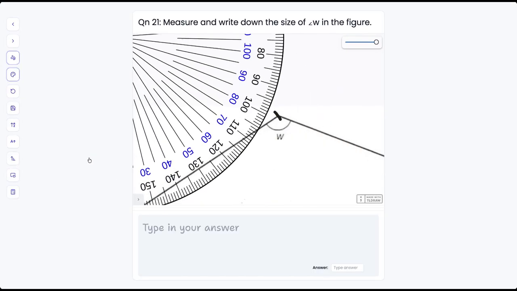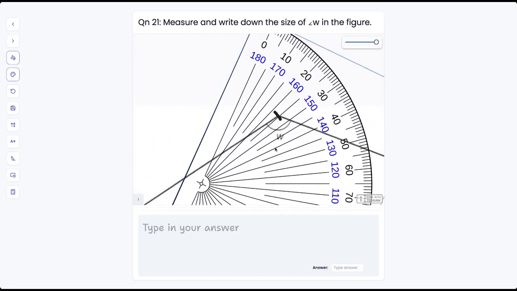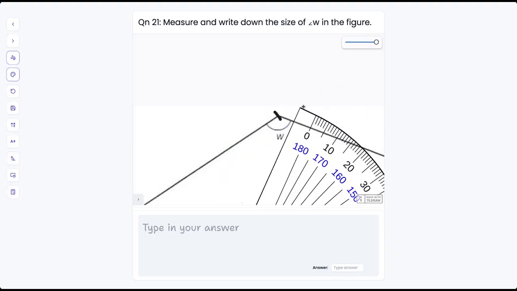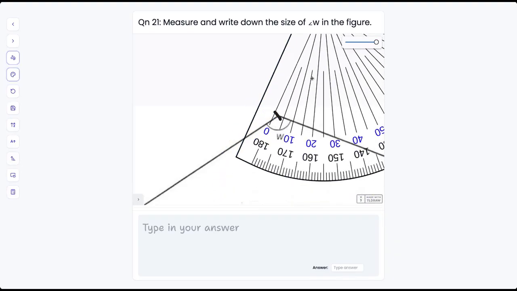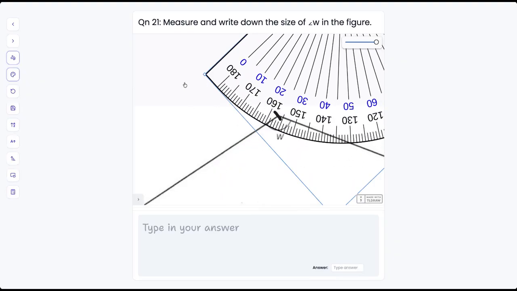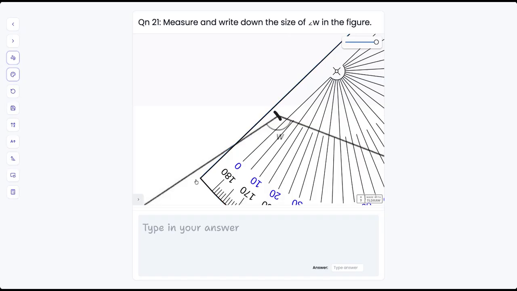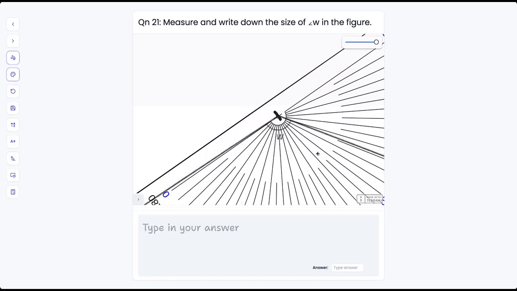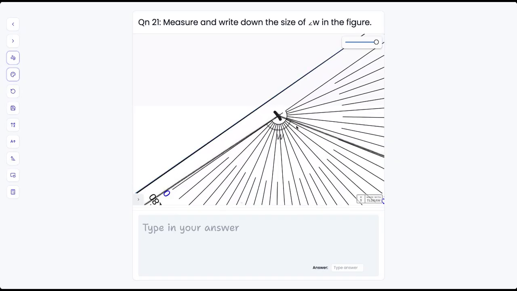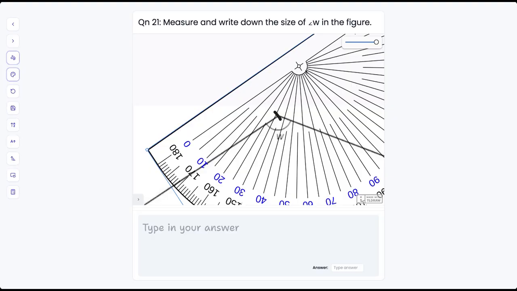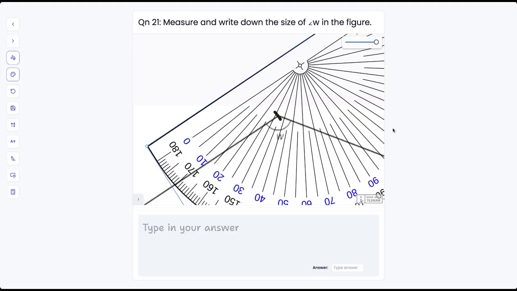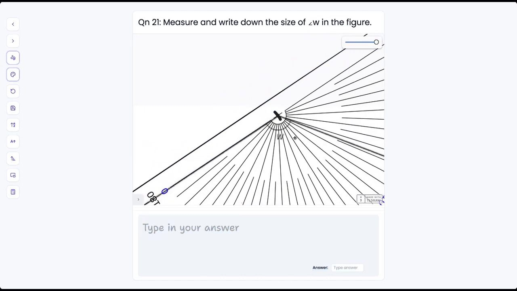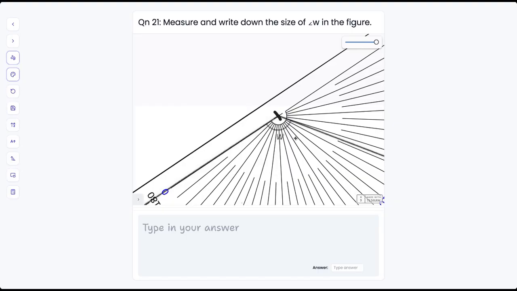Then after that, you just rotate your protractor. Most of the time, I also recommend that you rotate your paper as well, because it's easier. Your protractor hopefully has a T line, which usually there is, then you can just move your protractor over to the T as you see over here.